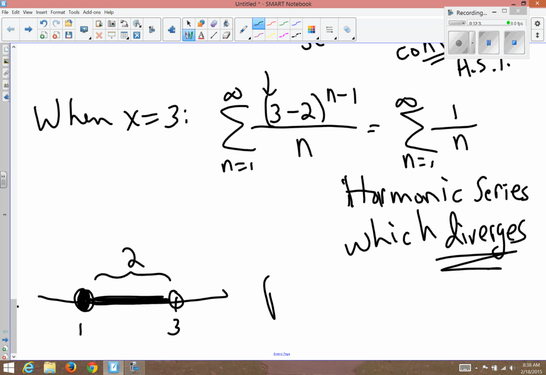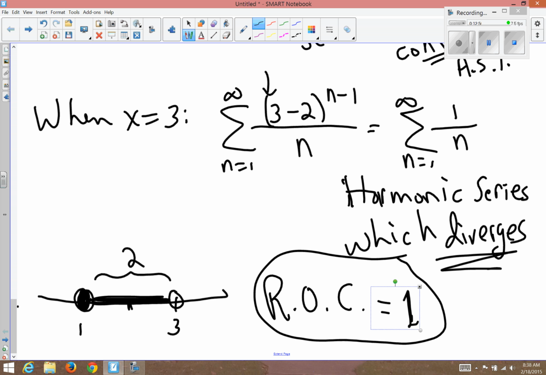And the radius of convergence is the distance from the exact middle of the interval to either endpoint. So we'd say the radius of convergence is 1. The entire width of the interval is 2. Half of that is called the radius of convergence. If you think of this distance as a diameter, the radius is half of that.